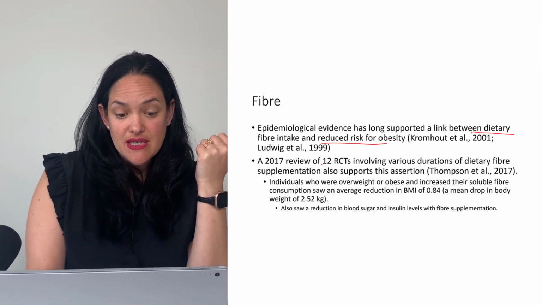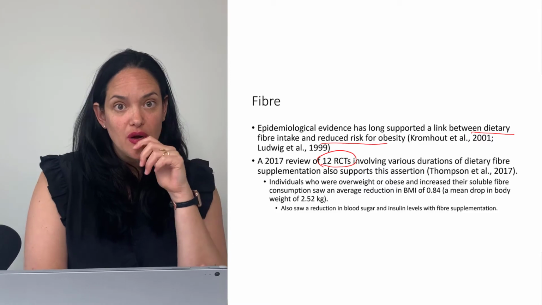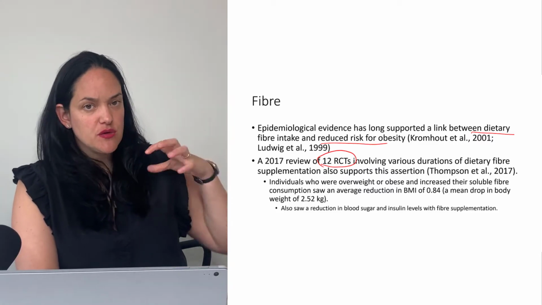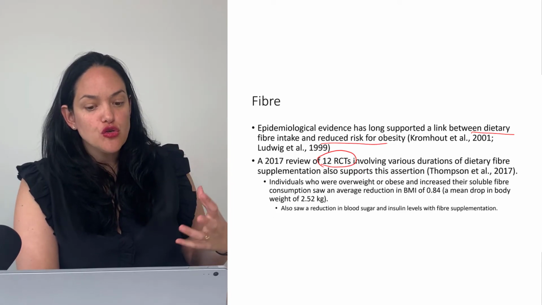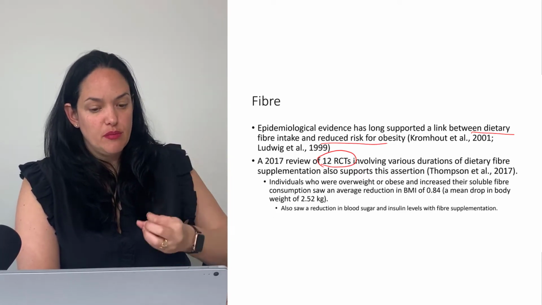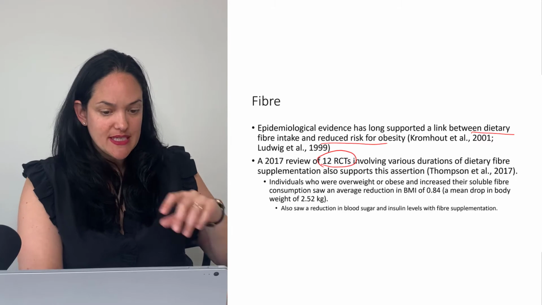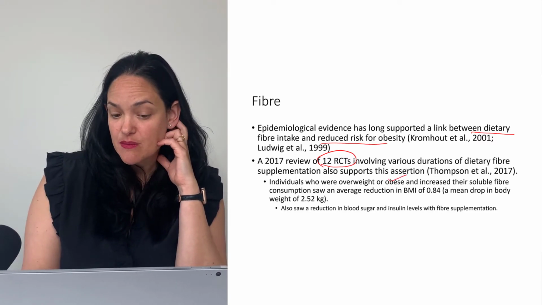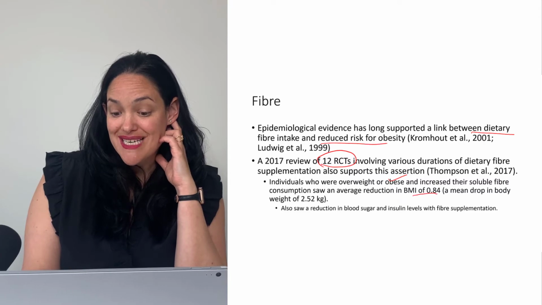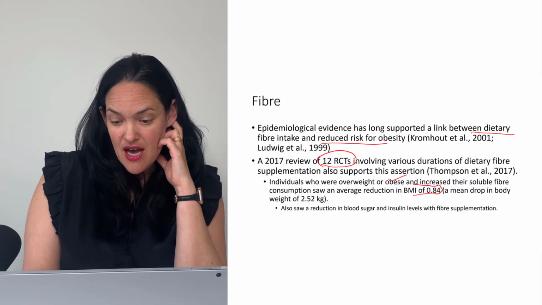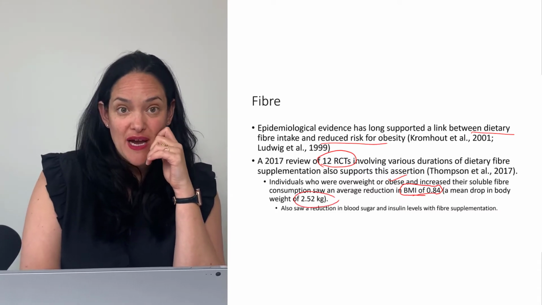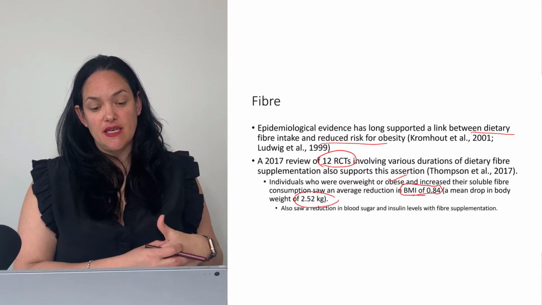And a 2017 review of 12 randomized controlled trials that used various durations of dietary fiber also showed that fiber was important for managing weight. So for instance, individuals who were overweight or obese and increased their soluble fiber consumption saw an average reduction in BMI of about 0.84, which was about a 5 pound, 6 pound reduction in weight.